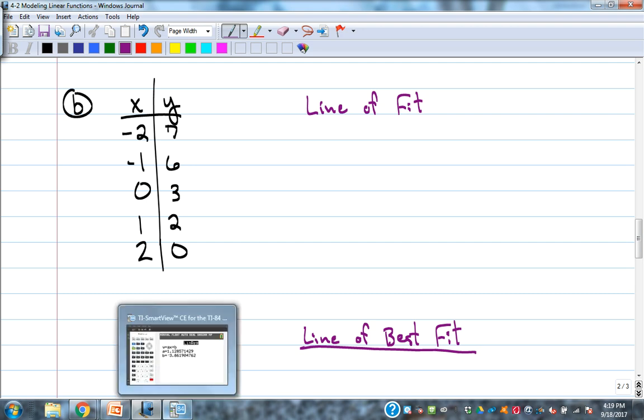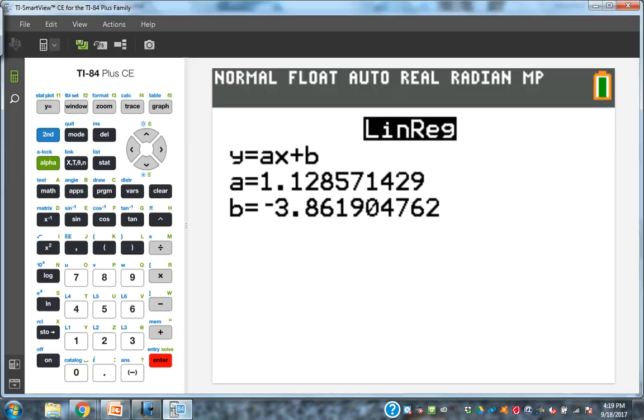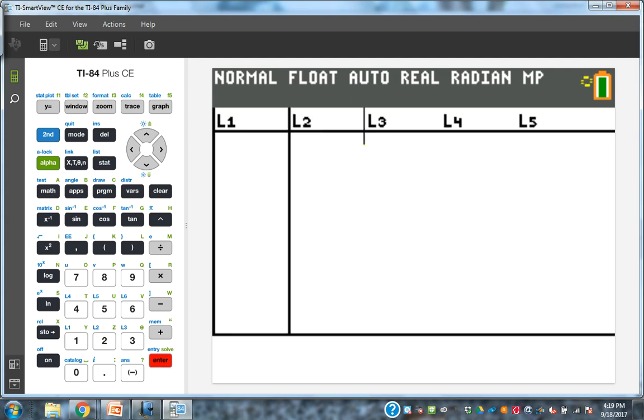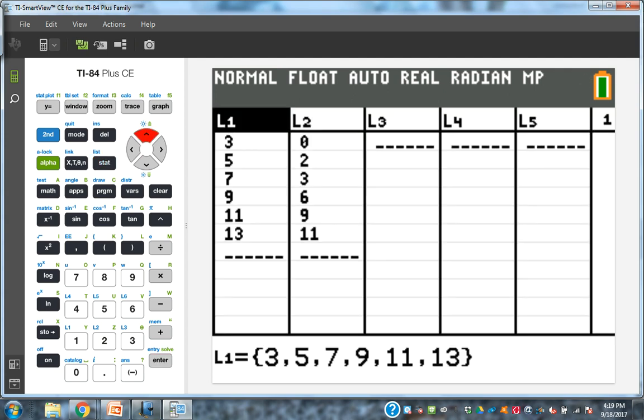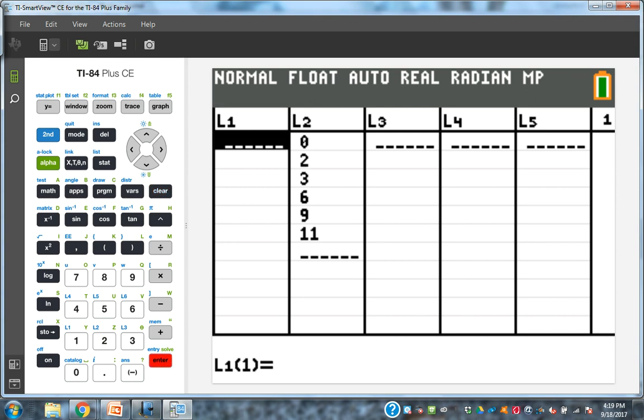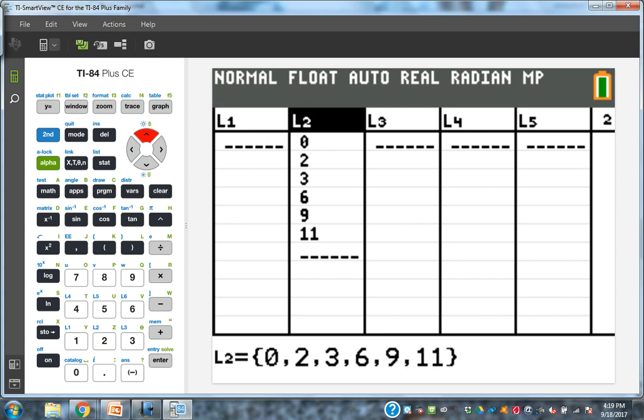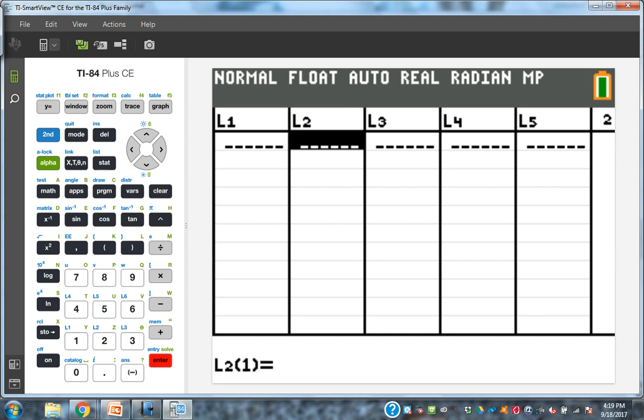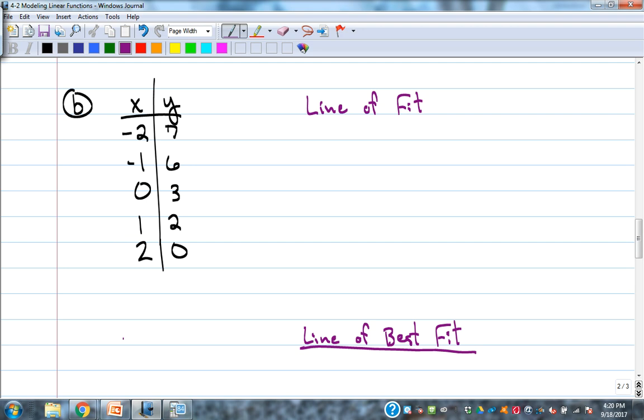Okay, so Stat, Edit, and then List 1 and List 2, I'm putting X's and Y's. So clear those out. And don't forget to clear out a list. You hit Clear, and then you have to hit enter for it to take it. X values -2 to +2.